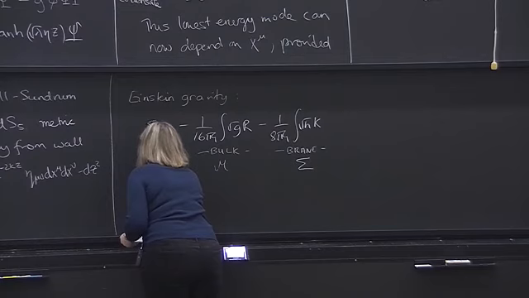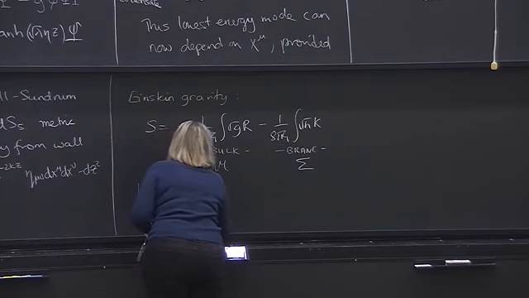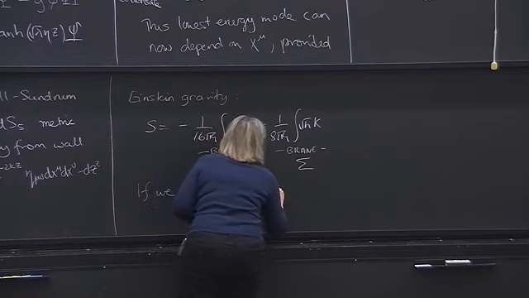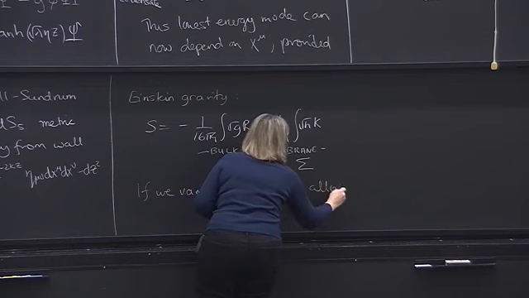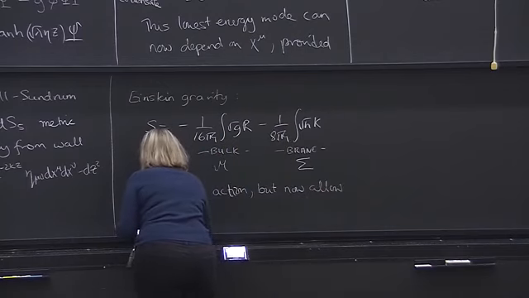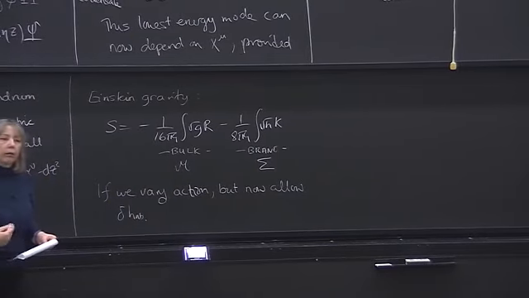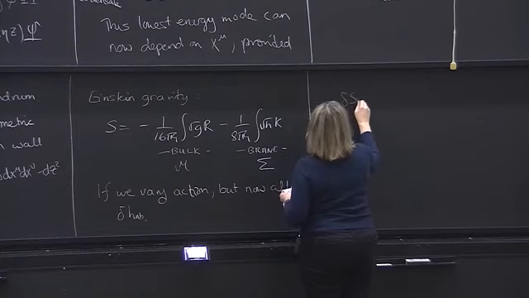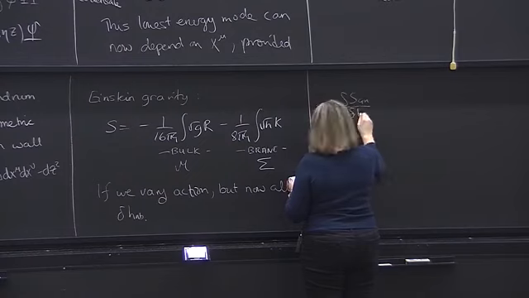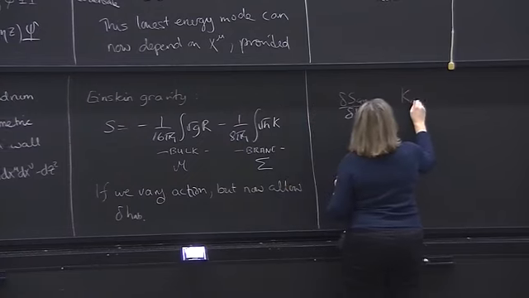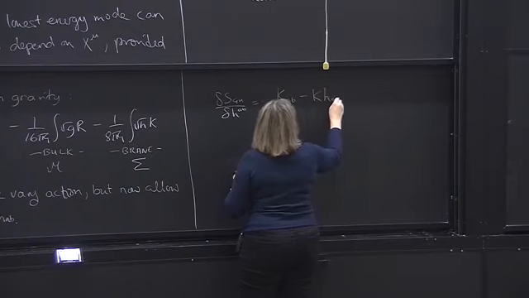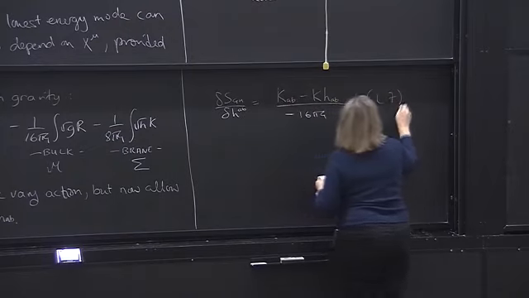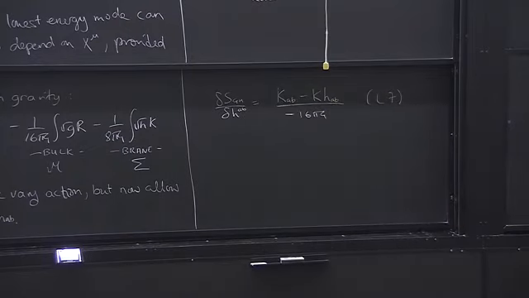So if we do a variation, but now allow a variation of the metric on the boundary, then if you look at our notes, this was back in lecture 7, we derived this particular expression.